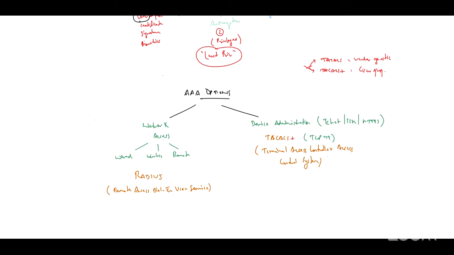Think of it this way. You have a user, and he's trying to SSH into a router. This router is going to talk to a AAA server.